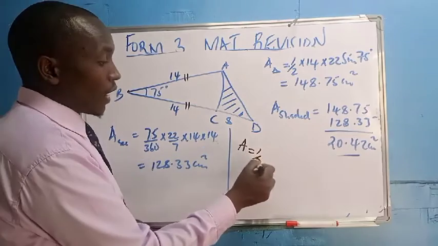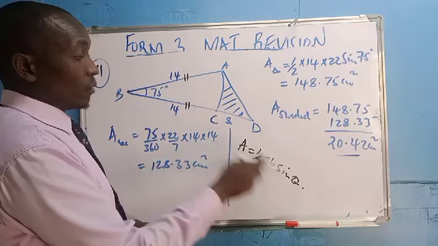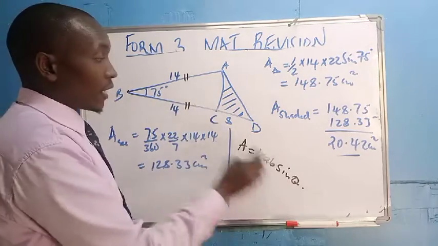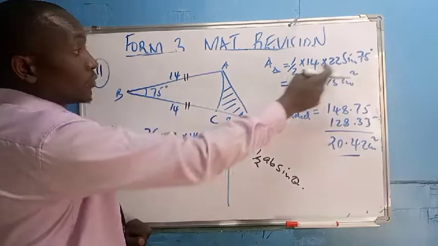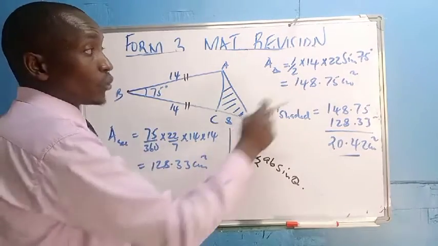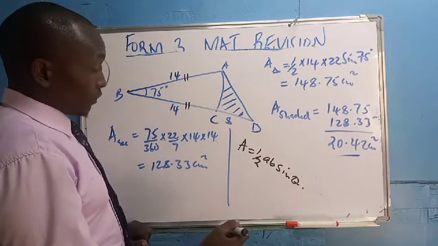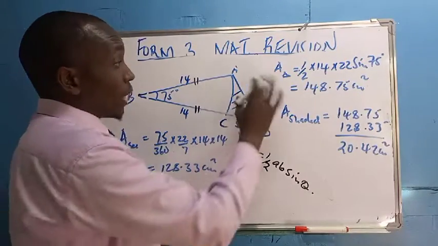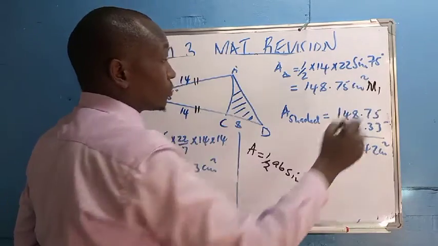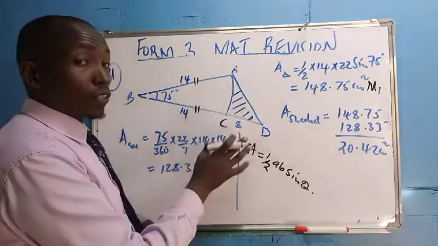Area equals a half AB sine of theta, where AB is any 2 sides, theta is the angle between them. So that's all I've done. A half times 14 plus 8, 22, times sine of 75, the angle between them. And by working out that, you get 148.75 centimeters squared. That is the area of the triangle.